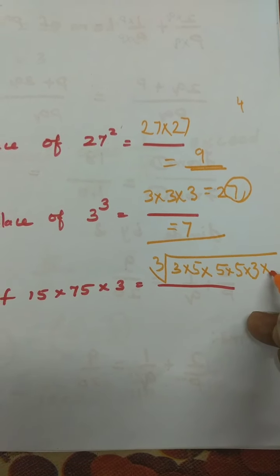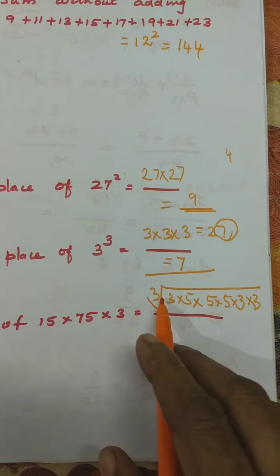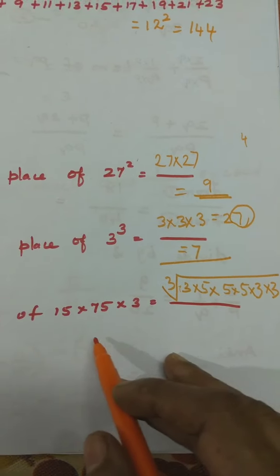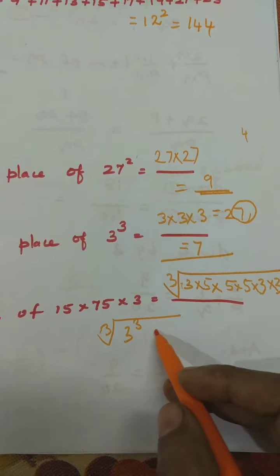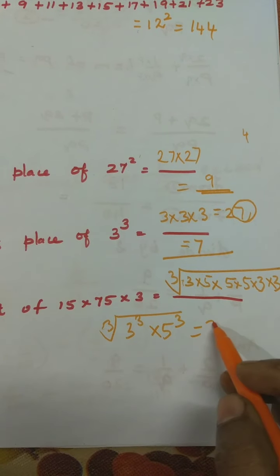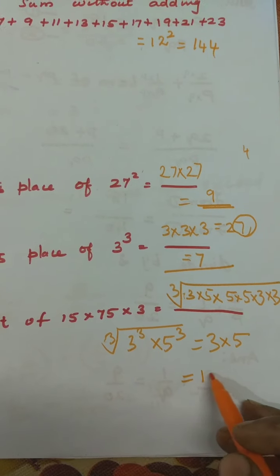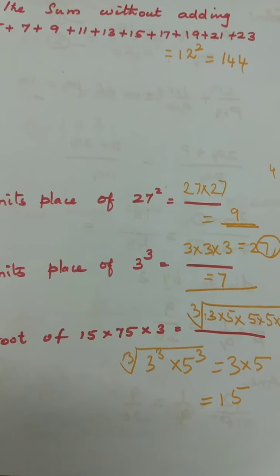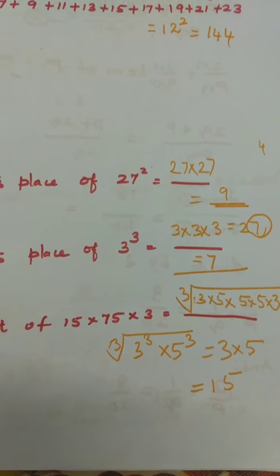Then again already one 3 is there. Now see, we have 3 3s here. So 3 cube and 3 5s here, so 5 cube. You can take 3 and 5 outside, and that is 15. Okay, cube and root can cancel. The answer is 15.